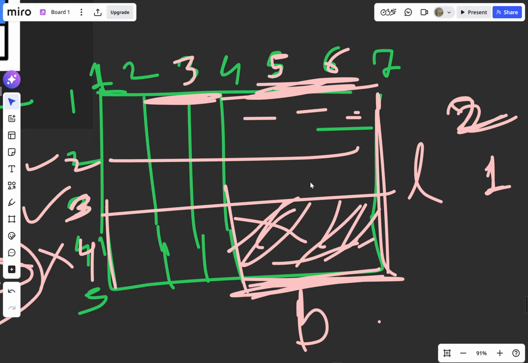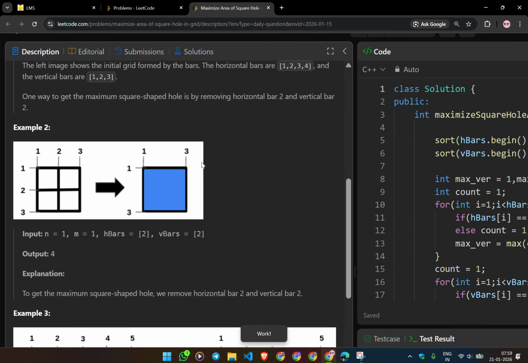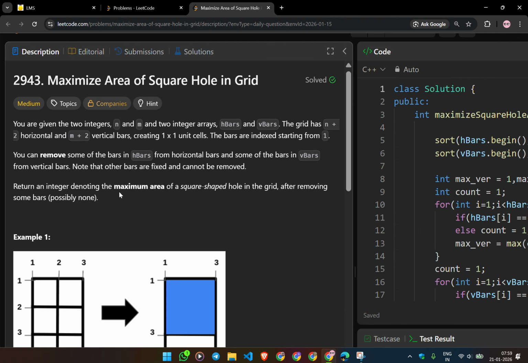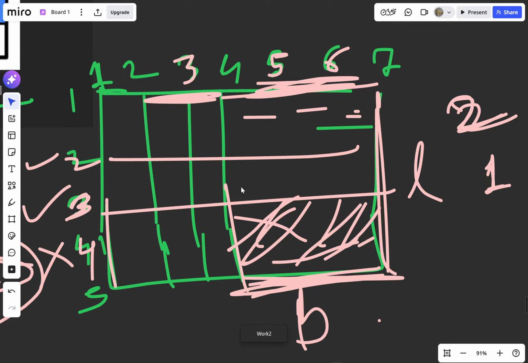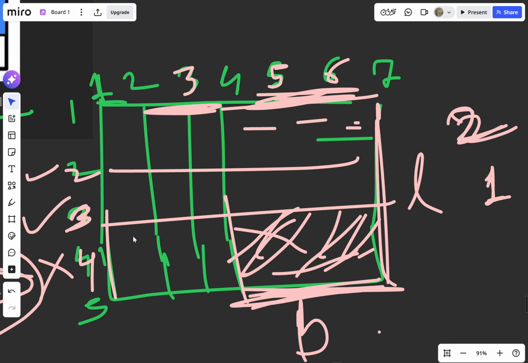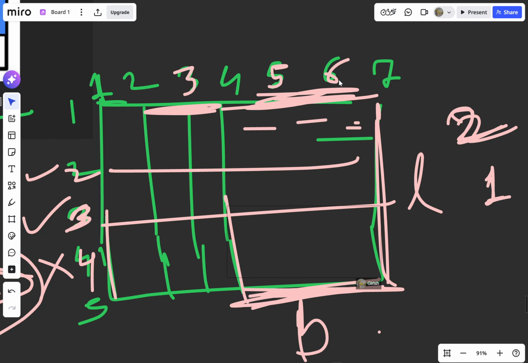But now we do not need the rectangular area. Here it is clearly mentioned that we need the maximum area which is a square shaped hole. To make the square shaped hole we will need the minimum from this and the minimum from 5 and 6. So what is the minimum?